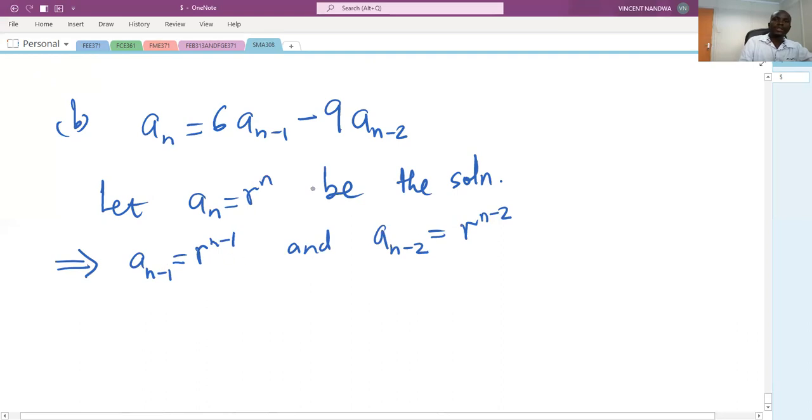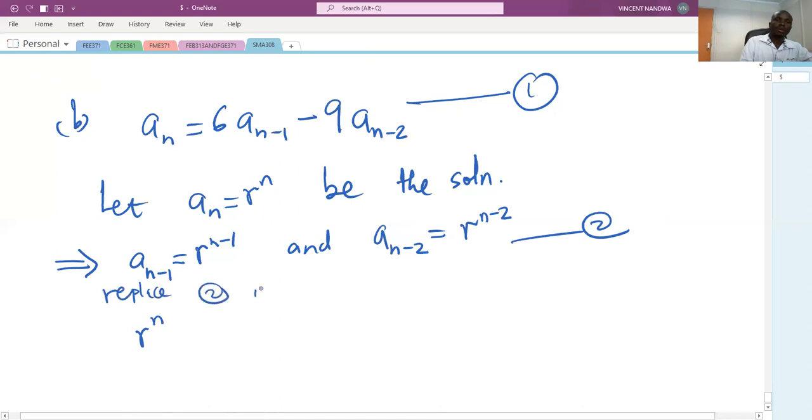So using these values in this recurrence relation, we call this one 1, call this one 2, then replace 2 in 1. We put r^n equals 6r^{n-1} minus 9r^{n-2}. And this r is a non-zero constant.